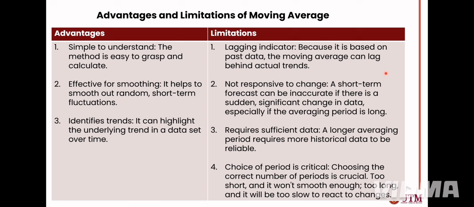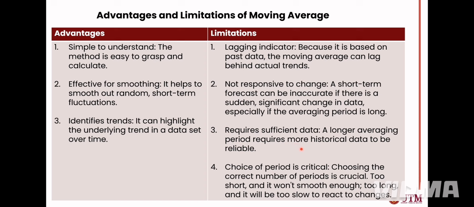However, there are also a few limitations. The first one is that because it is based on historical data, it can lag or fall behind the actual trend. Second, it is not responsive to change.